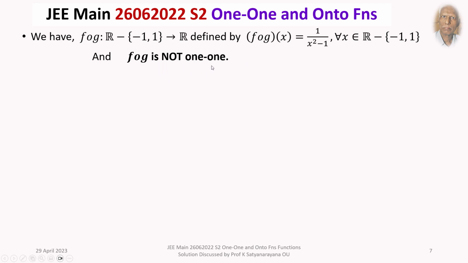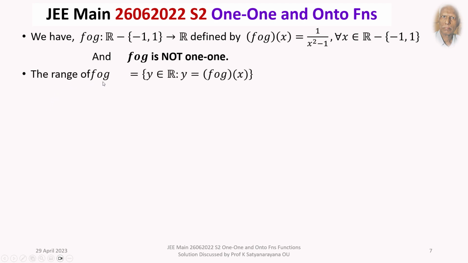So to show the onto-ness, consider the range of this f composed g. And if this range of f composed g is not equal to the codomain of f composed g, namely R, then it is not onto. If it is equal, then it is onto.